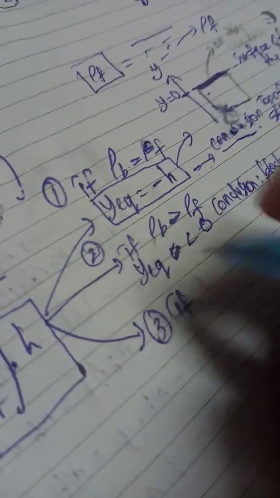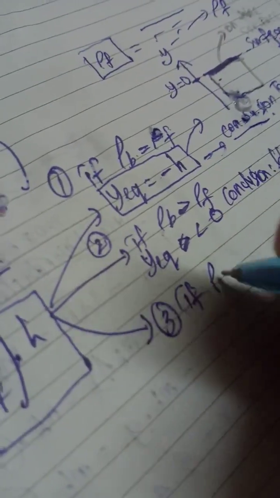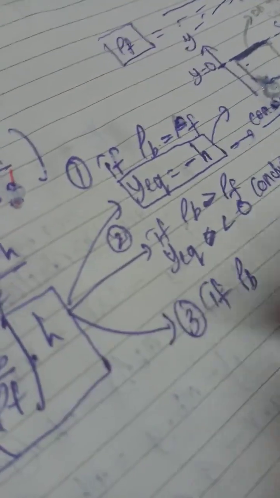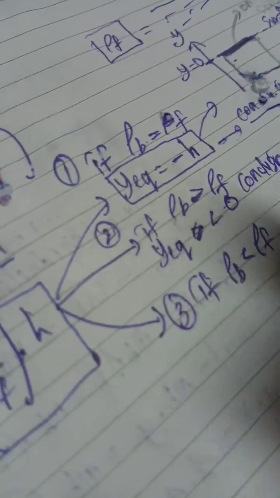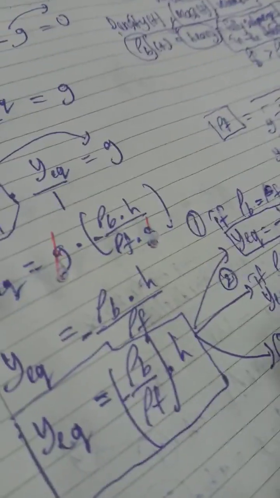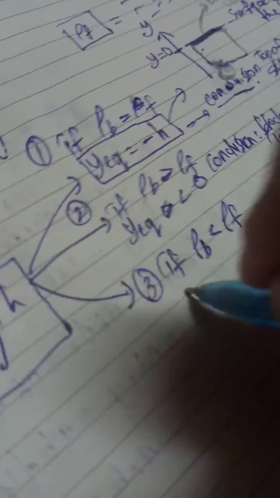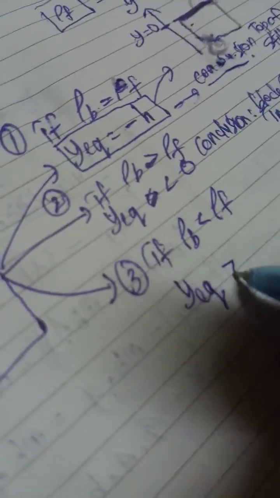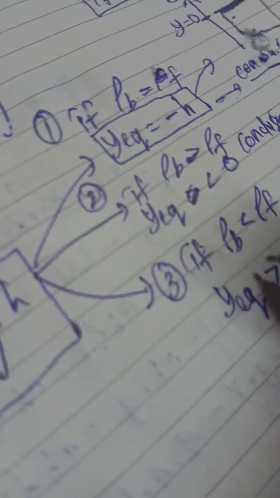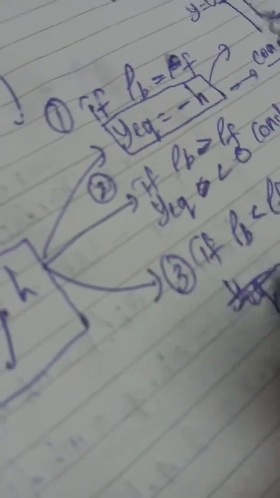Now the third condition is, what if the density of the block is less than the density of the fluid? Here we will calculate that y equilibrium is less than, sorry.